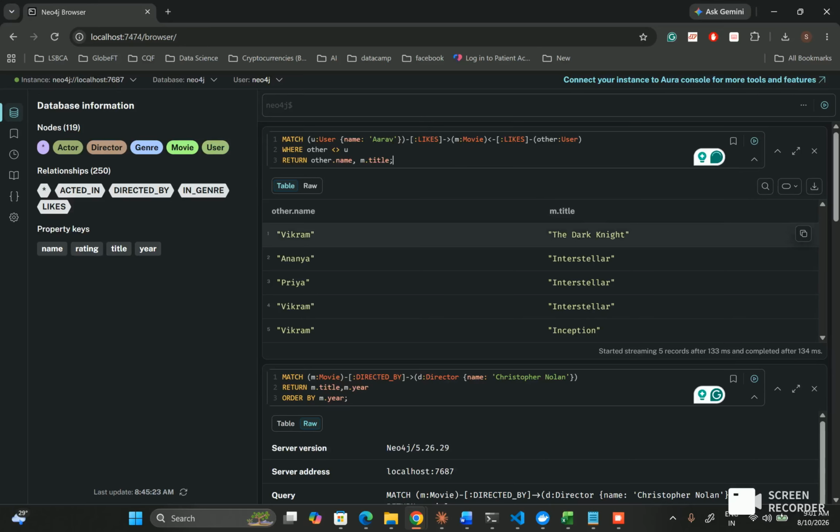So if Arav likes Dark Knight, Vikram also likes Dark Knight. If Arav likes Interstellar, Ananya, Priya and Vikram also like Interstellar. If Arav likes Inception, Vikram also likes Inception. These are the other users.